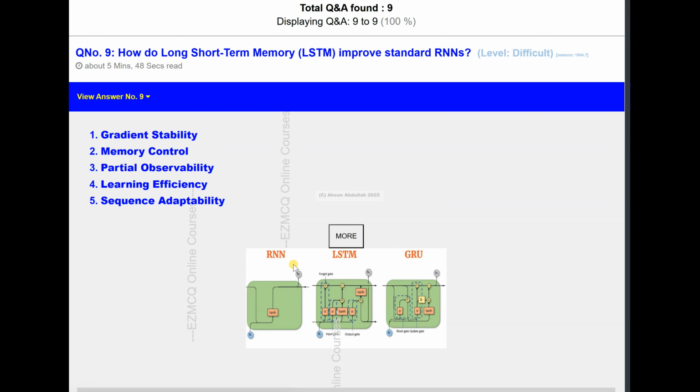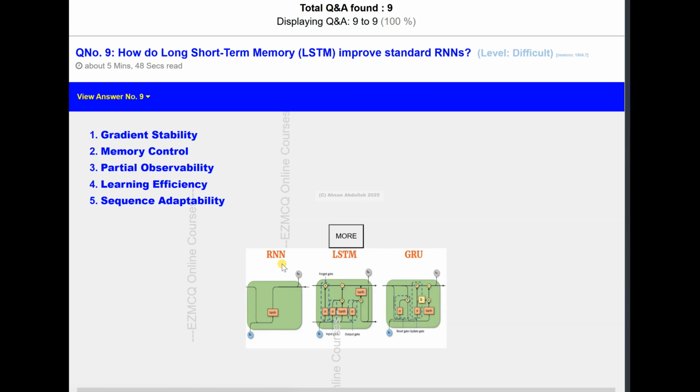In partially observable settings, LSTMs maintain meaningful internal representations, which enables more informed actions. They also enhance the learning efficiency by supporting better credit assignment and by reducing the number of updates required.